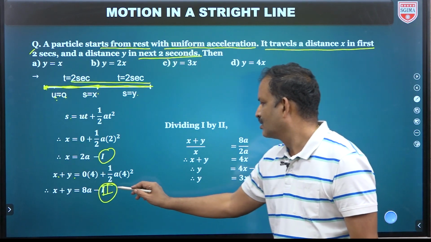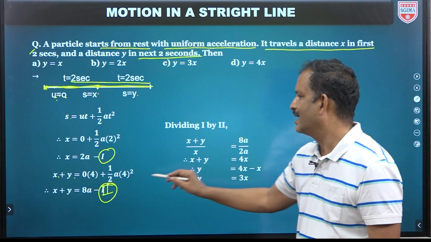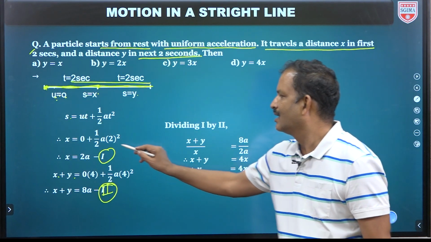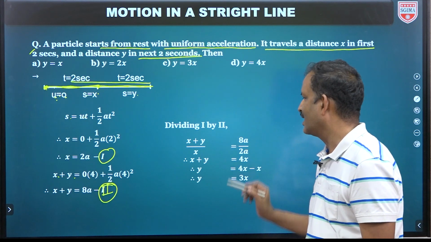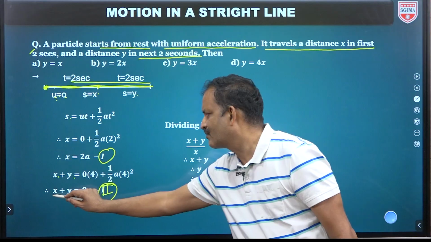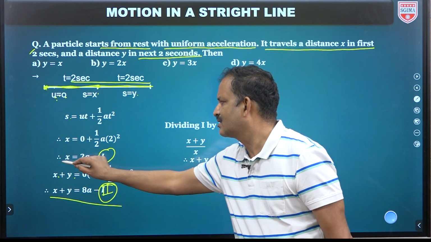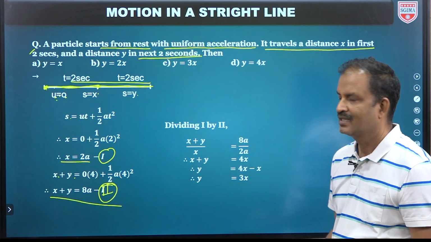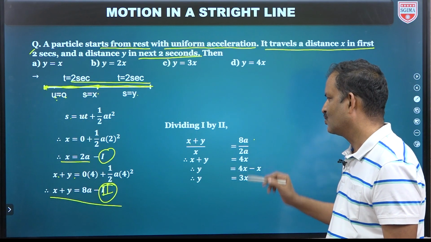From this, I am writing that x plus y is equal to 8a, and x is equal to 2a. So I am dividing this equation by this equation. x plus y by x is equal to 8a by 2a.